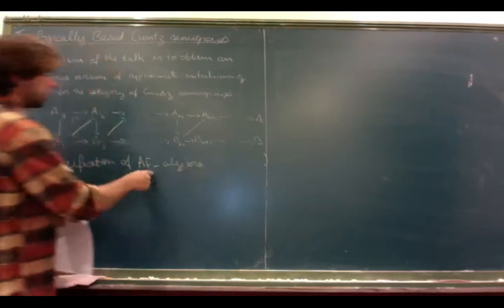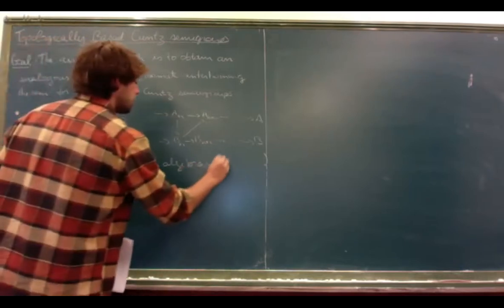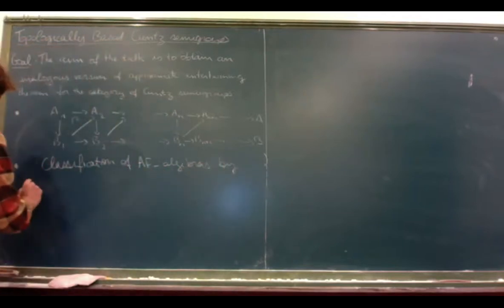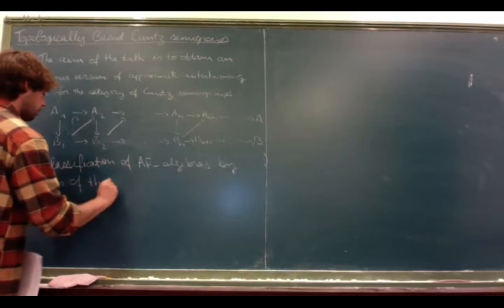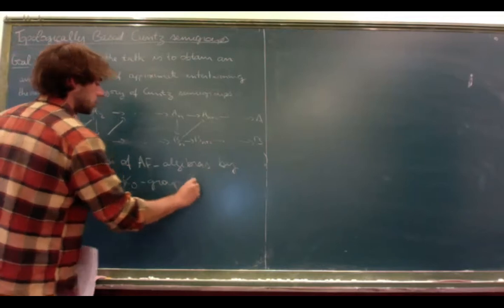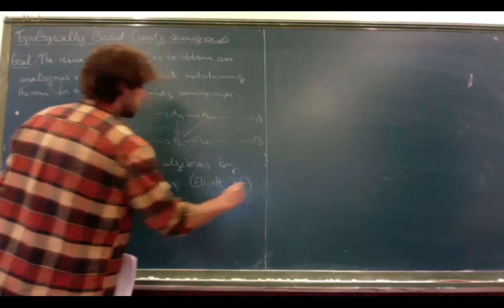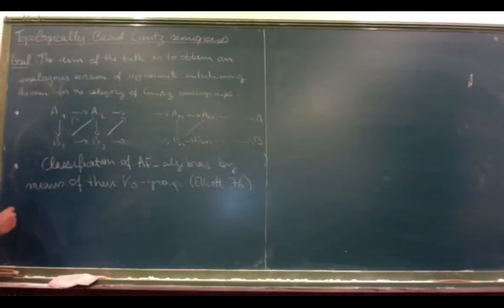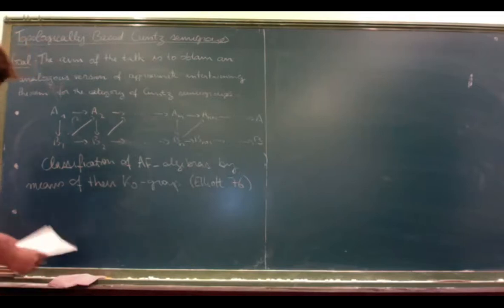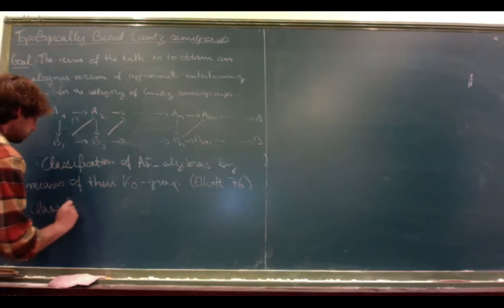So those are inductive limits of finite dimensional C-star algebras by means of their K0 group. This was done by Elliott in 1976.